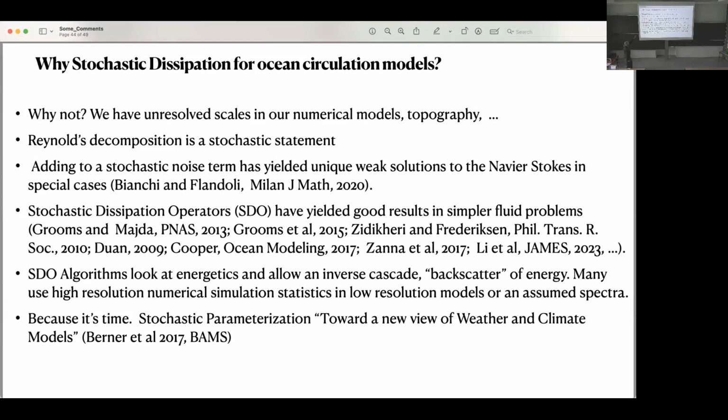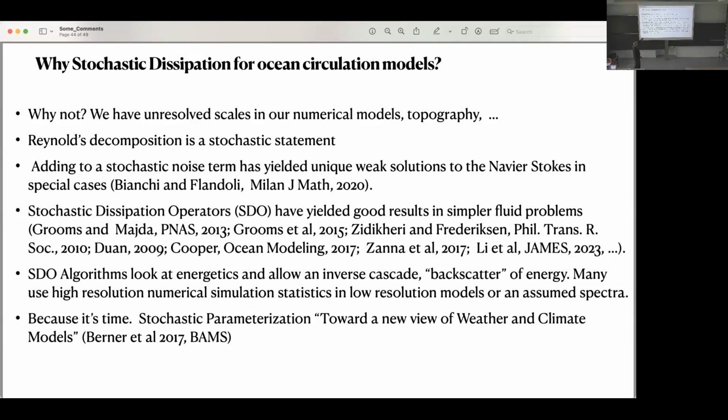In most of these papers, they looked at high resolution numerical simulations to get the statistics to set what the operator should look like in low resolution models. Or they assumed some easy spectra based on, say, QG theory, for example. The spectral slope is k to the minus 5/3 or k to the minus 3. You pick some spectra based on some simple theory.